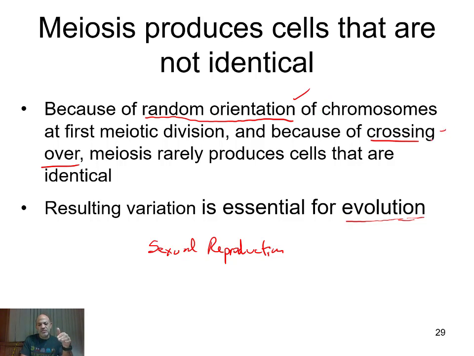And if you have little or no genetic variation in your offspring and the environment changes, and the environment has been changing since the Earth formed and life began on this planet, and everyone is genetically alike, then none of them are going to be able to handle it, and your population, your species, can go extinct. If you do have variation, some individuals may have the right combination to handle those changes, so they survive and produce offspring, and the species continues. So that's the big idea for sexual reproduction.